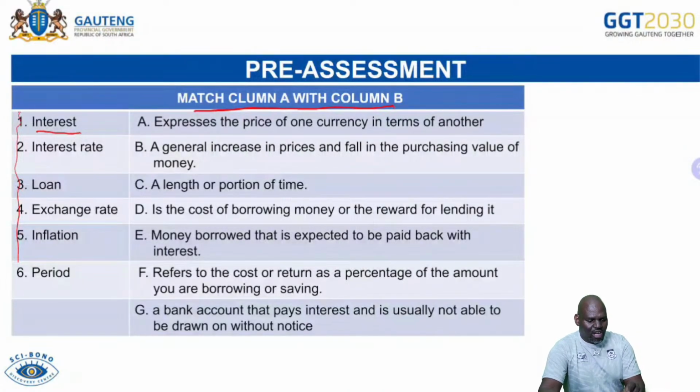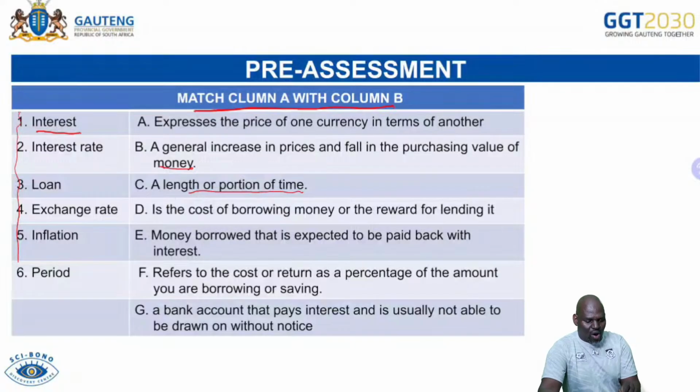The first one expresses the price of one currency in terms of another. Definitely not this one. A general increase in prices and fall in the purchasing value of money. Definitely not this one. A length or portion of time. Not this one. Then, the cost of borrowing money or the reward for lending it.